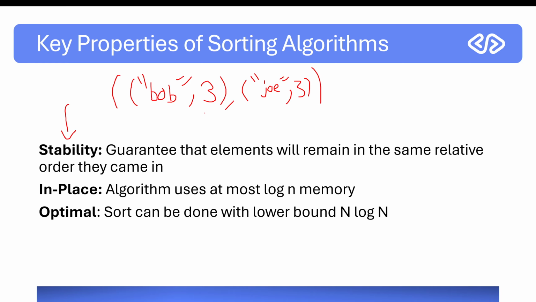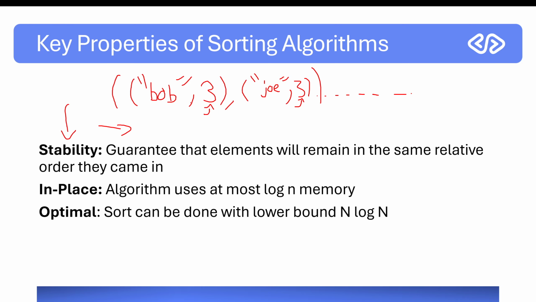So say you're sorting by this value here, and you have a bunch of other elements in this list. Basically what stability says is when you sort the thing, in your final list, Bob's still going to be first, and Joe will be after Bob. That's what stability says. So you're not going to swap equal elements.